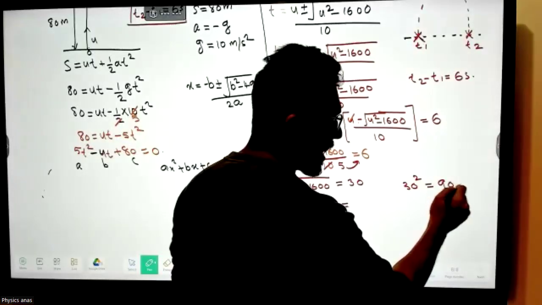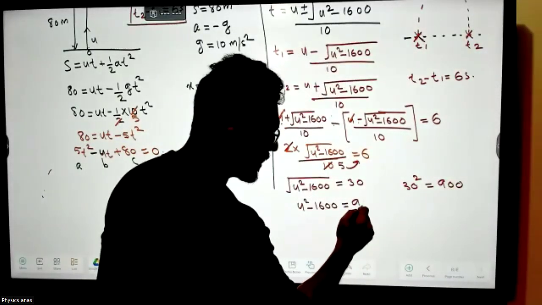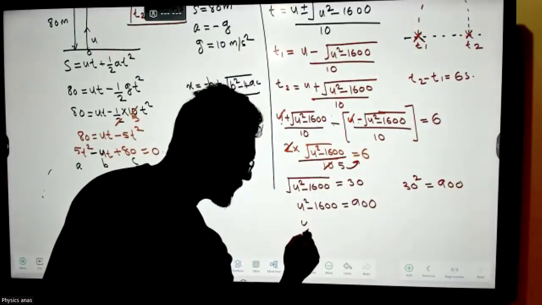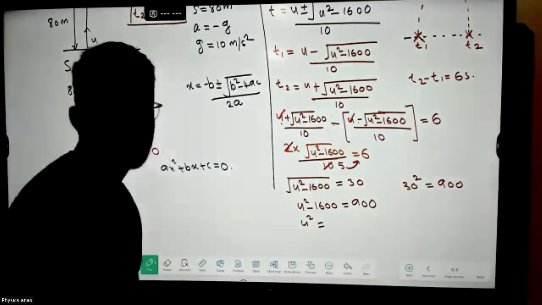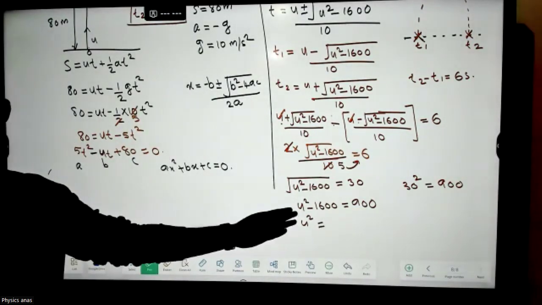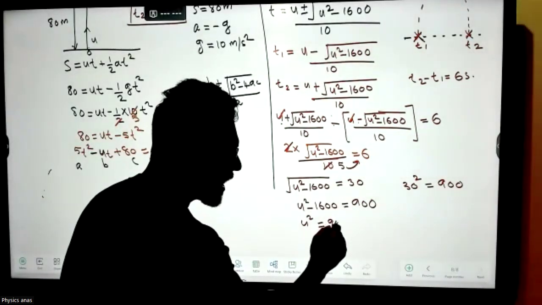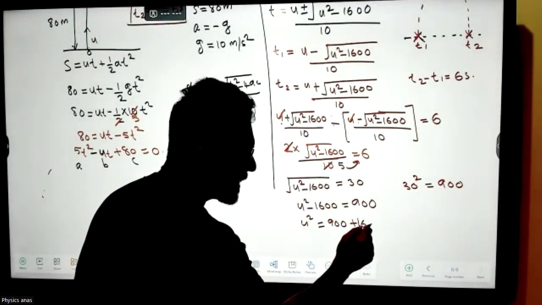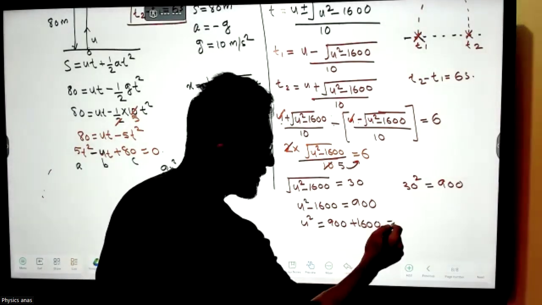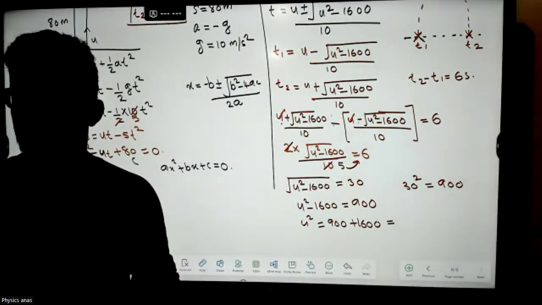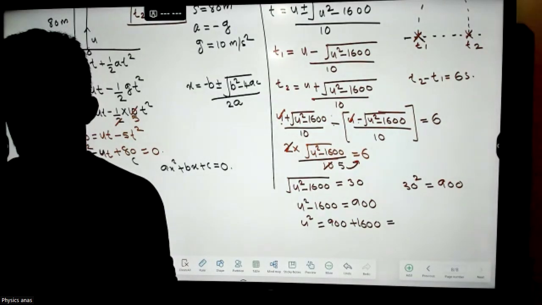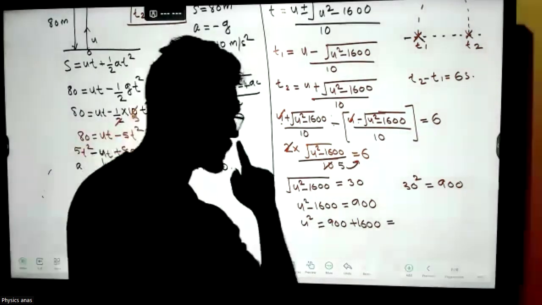So 900 will be the value. Then what is U square? You can bring this minus 1600 to the other side. Then that will be 900 plus 1600. What is 16 plus 9? Yeah, that's 25.